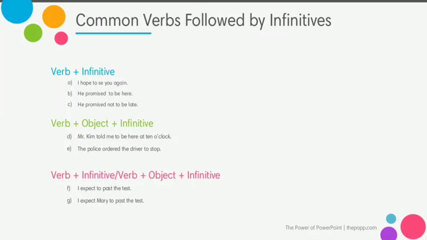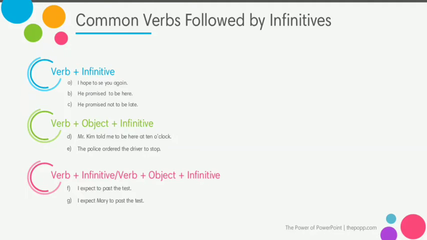Okay, next is common verbs followed by infinitives. First is verb plus infinitive. For example, A: I hope to see you again. An infinitive is to plus the simple form of a verb: to see, to be, to go, etc. Example B: he promised to be here.